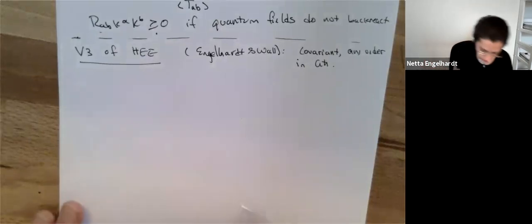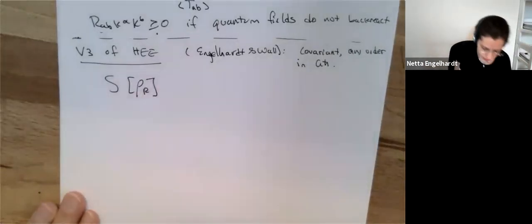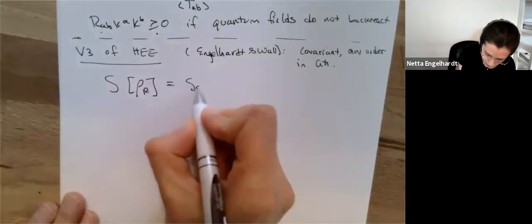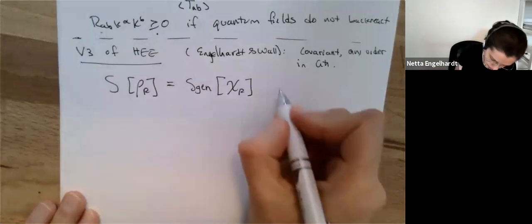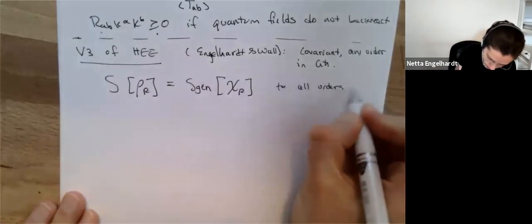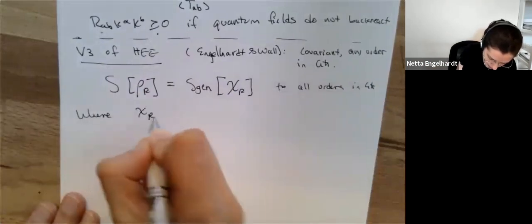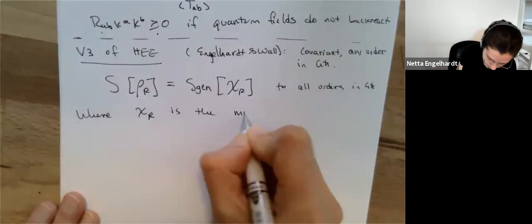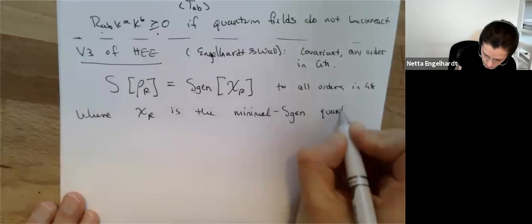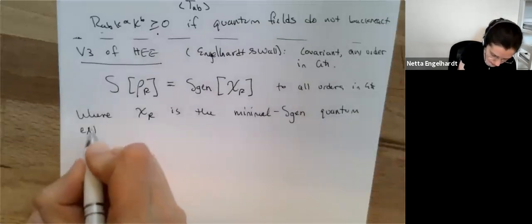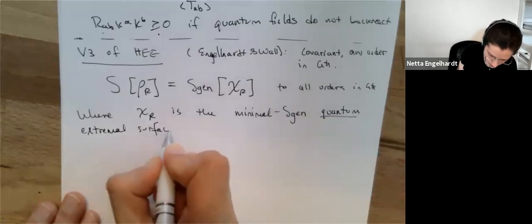So we proposed that the von Neumann entropy of the density matrix rho R is given by the generalized entropy of a surface chi R, where, so this is to all orders in G-hbar, where chi R is the minimal S-gen quantum extremal surface. I'll explain what that means in a second. Homologous to R.